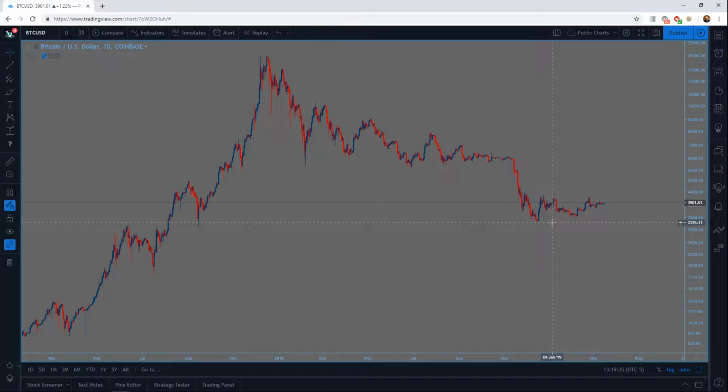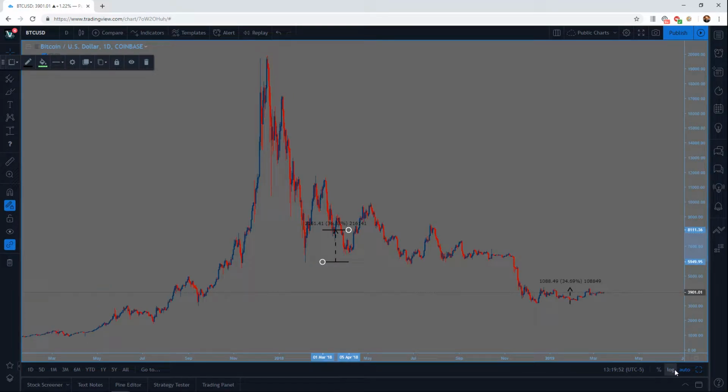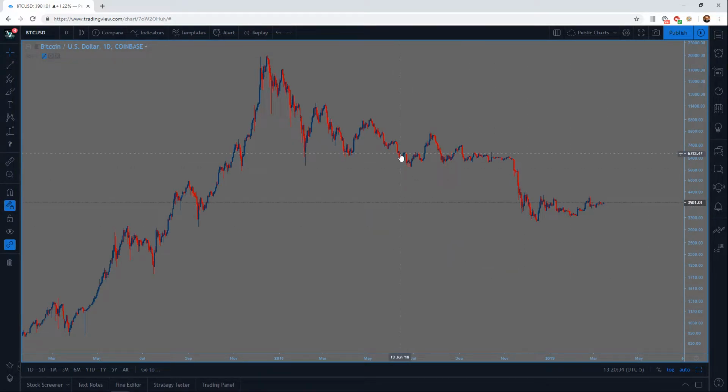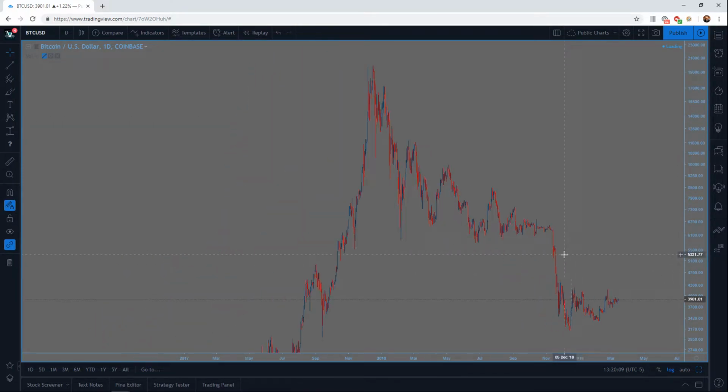So a move from 3,100 to 4,200 is 35%, where 35% here would be something like this. And if we look at this on linear, this looks way smaller than this because this is based on price movement, not based on a percentage movement. So I sometimes use the log chart when I am looking at a long-term analysis.